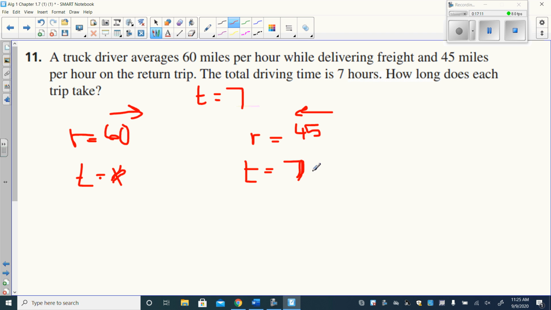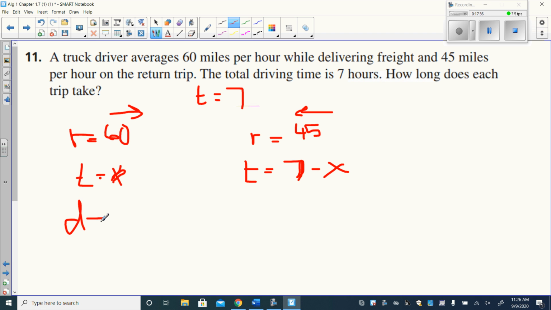We had 7 hours total, yes? So we'd subtract from it the time it took to get there. So this is a little bit weird setup. What we're saying is the rate is 60 miles per hour, time it takes is X to get there. Well, how many hours do we have total? 7, so however many hours it took to get there, it's going to take that many less than 7 to get back.